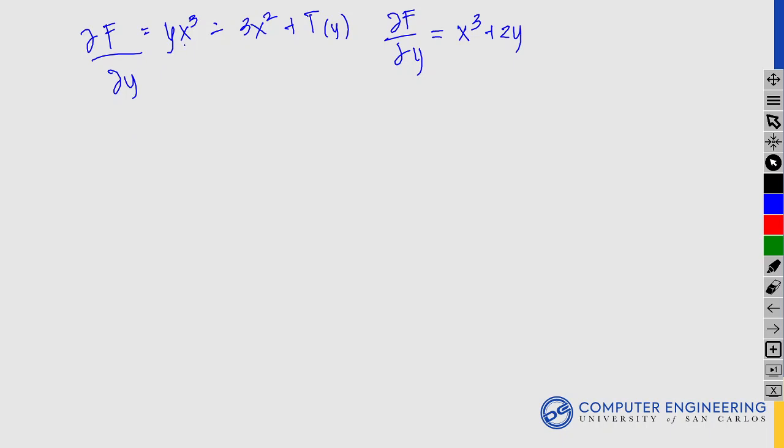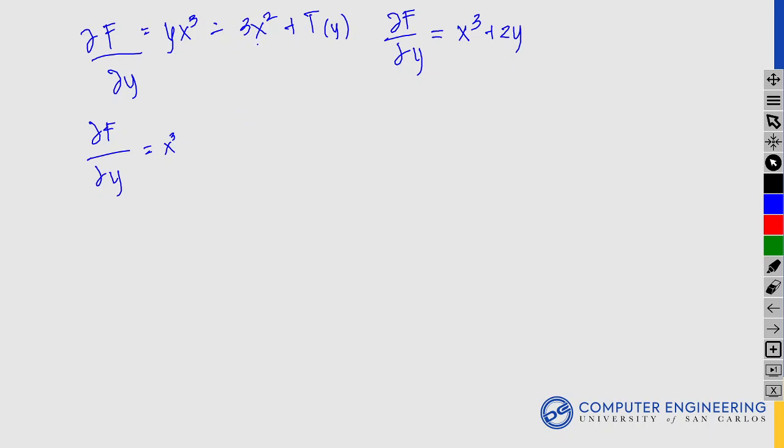So, treating x as a constant, the partial derivative of f with respect to y, this one is the derivative of y x cubed, which gives x cubed, the derivative of 3x squared cancels out, and the y goes away.